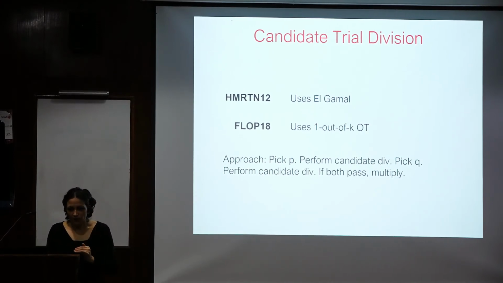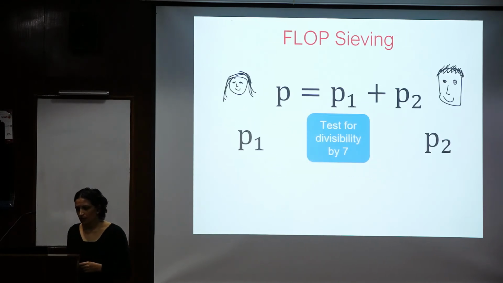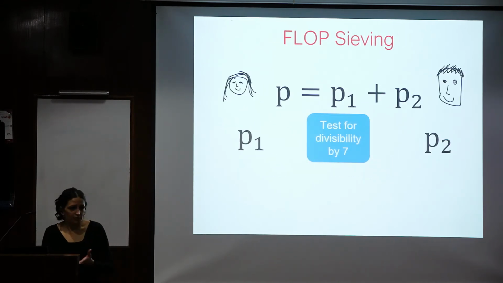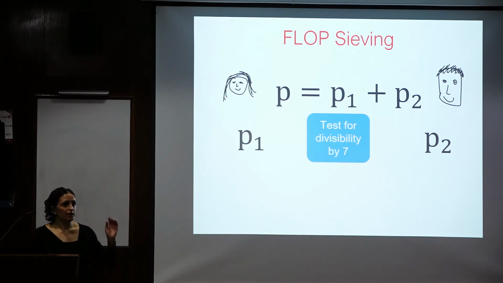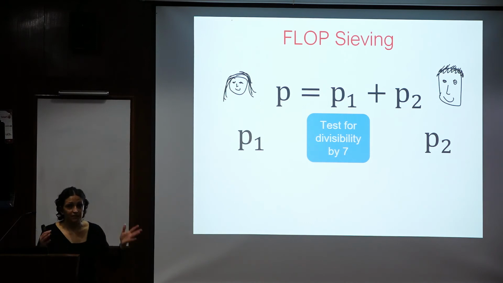It was improved by the FLOP paper, Fredrickson et al. Let me show you how they did it. It's a cute trick. Basically, they used OTs to check for divisibility. Let's say we want to check whether the shares of some potentially prime number, the additive shares together, are divisible by 7.